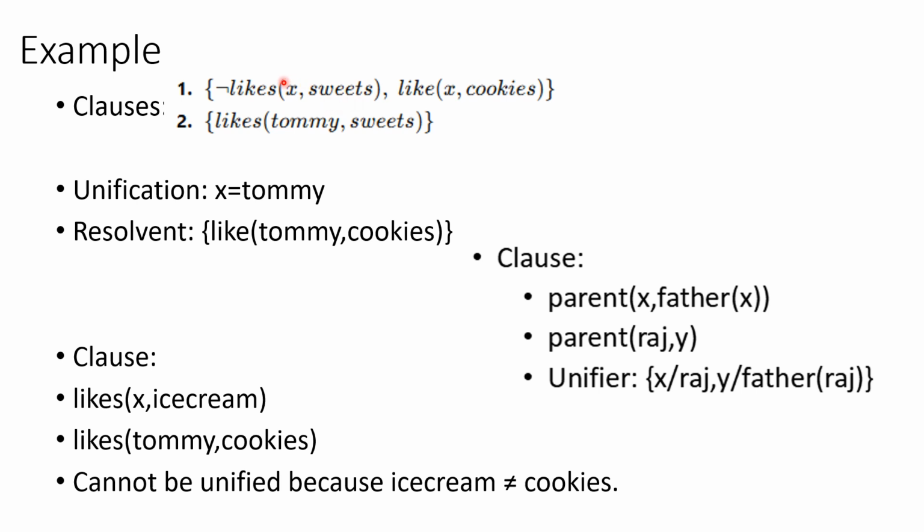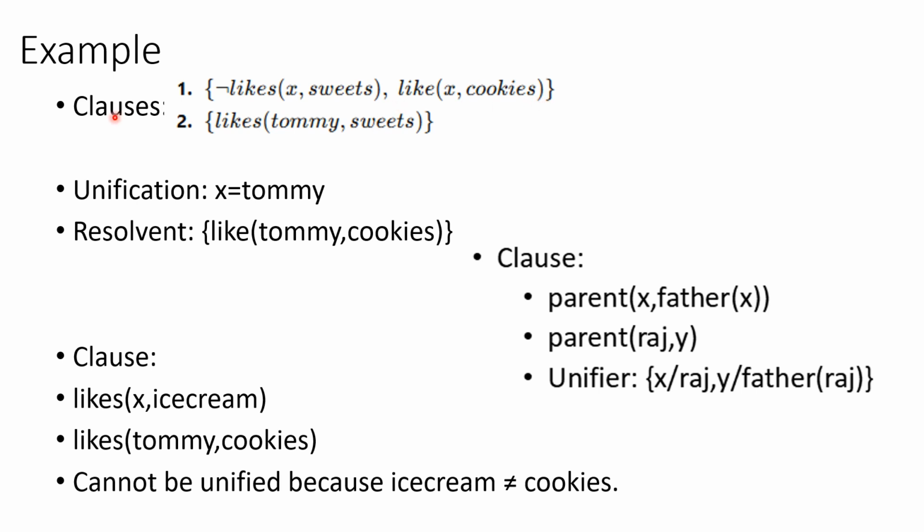So we compare with the first one, and instead of x we put Tommy. So these two we can remove: not likes(x, sweets) and likes(Tommy, sweets), because x is Tommy. The remaining resolvent will become likes(Tommy, cookies).